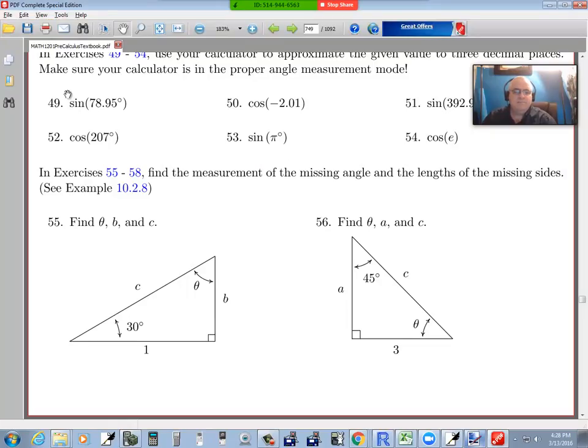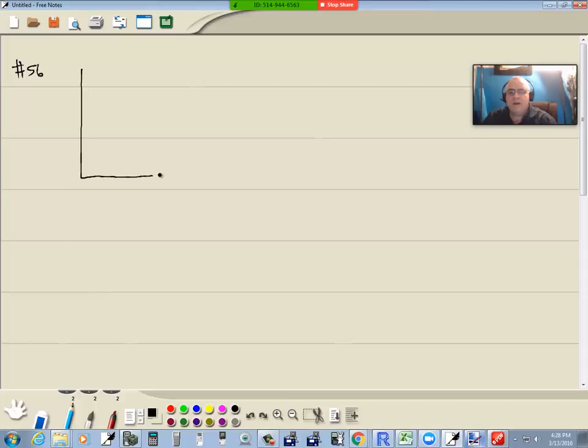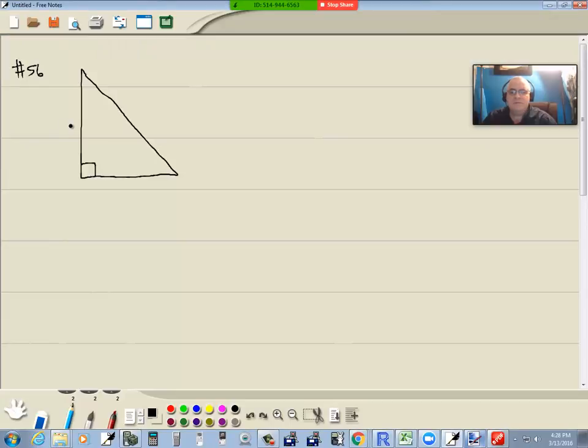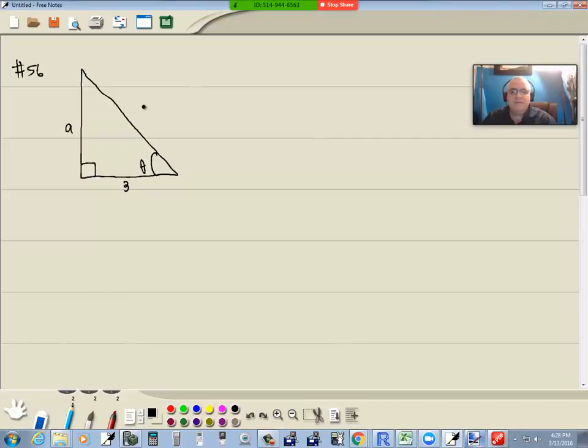Find the measurement of the missing angle and length of the missing sides. So I've got A and 3. This would be theta, C, and then this would be 45 degrees.